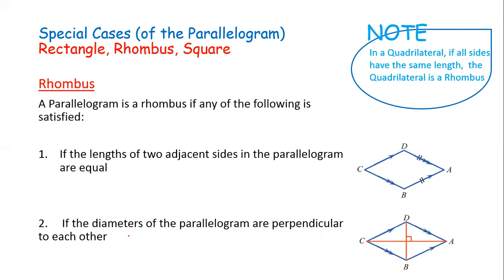The second case by which we can say that a parallelogram is a rhombus is if the diameters of the parallelogram are perpendicular to each other. So here we have a parallelogram in which the diameters DB and CA are perpendicular to each other. In this case, we can conclude that this parallelogram is a rhombus.